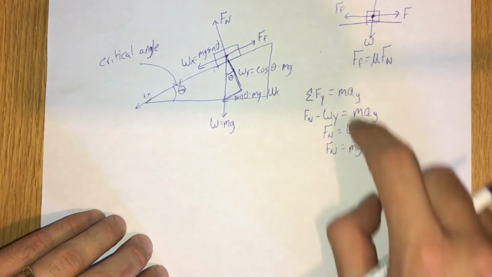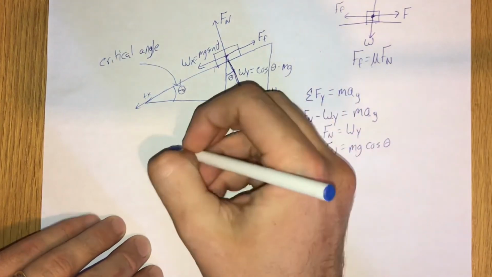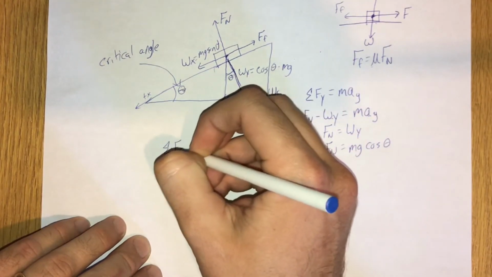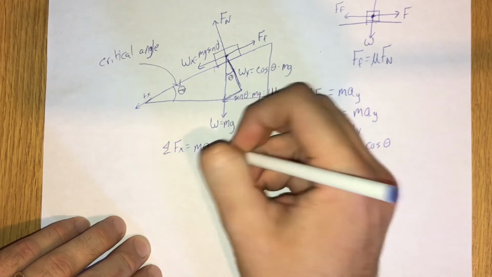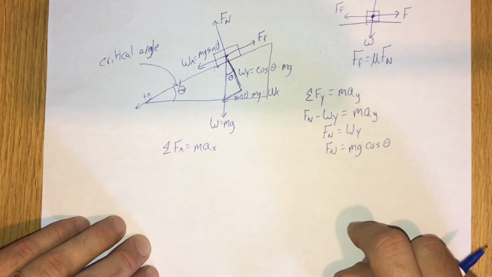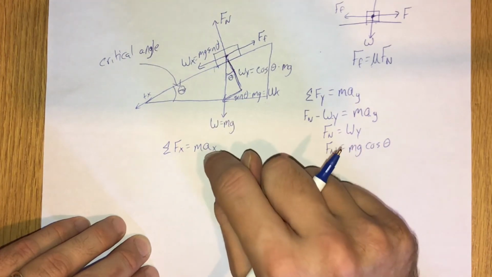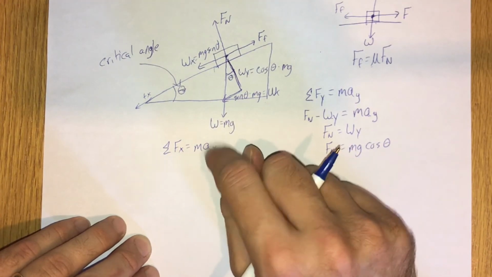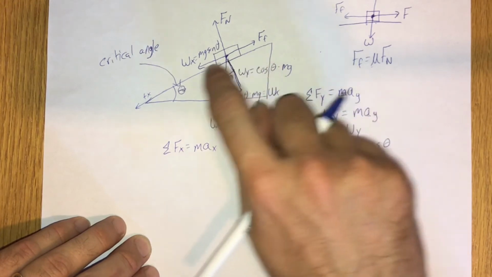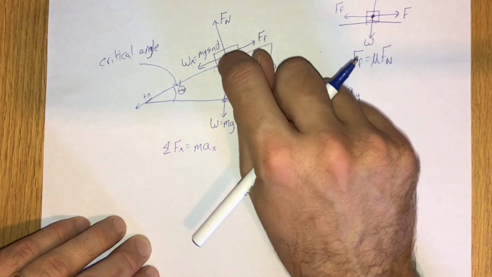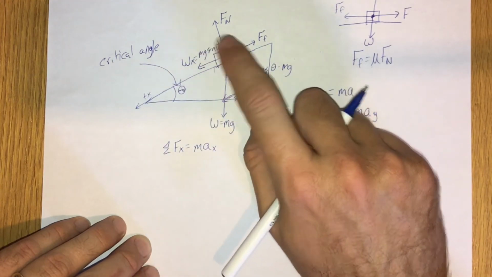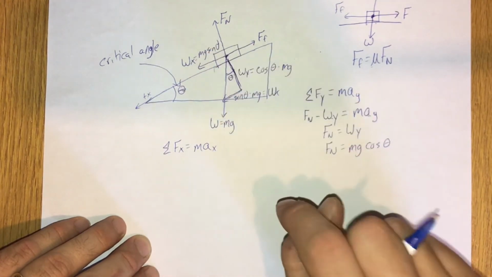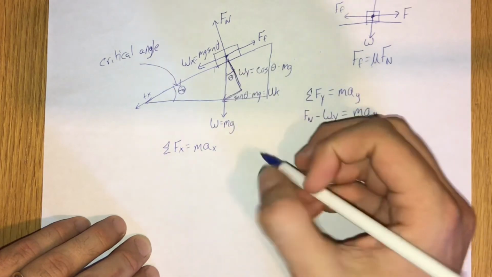So now by summing the forces in the x direction, applying Newton's second law in the x direction, I could say the sum of the forces in the x direction equals mass times the acceleration in the x direction. And I'm still going to consider the point right at the critical angle, right when the two are equal. So just before the block starts to slide down, because the x component of weight has overwhelmed the frictional force.